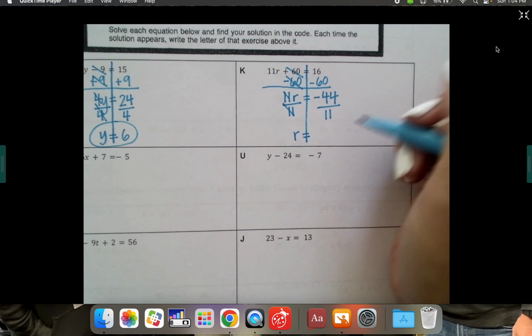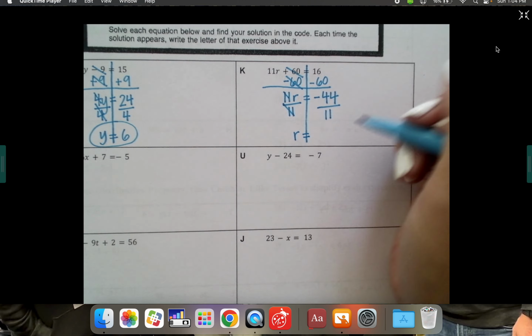Negative 44 divided by 11 is negative 4. So let's take a look at our riddle and see if we can find any negative 4s, and they are going to be K. So this one's K, and that's it.